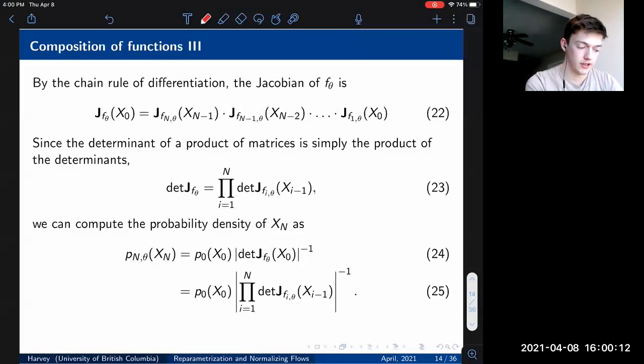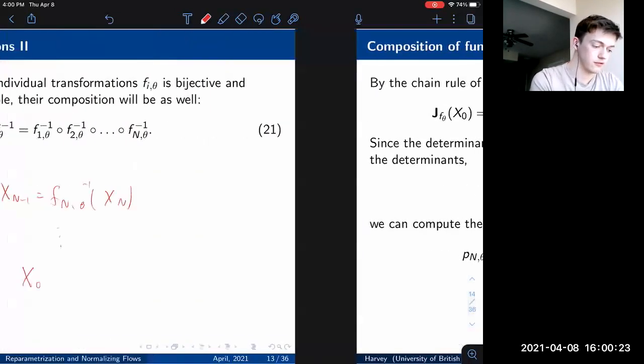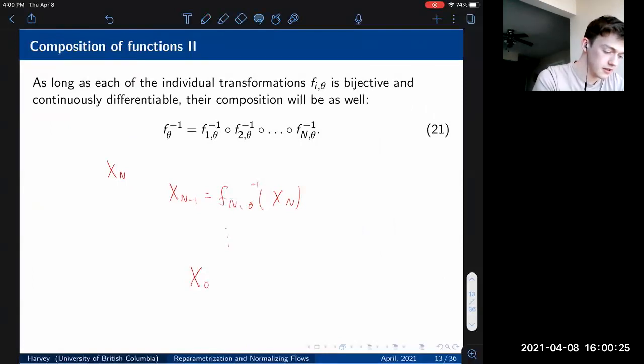Essentially, what we're going to find is that the Jacobian of the composition of functions is just the product of all of the Jacobians of the individual functions.